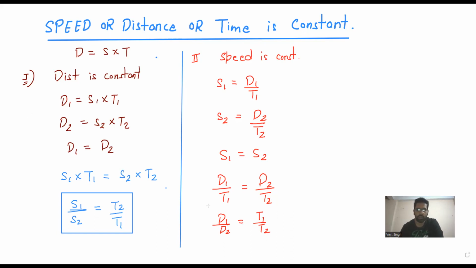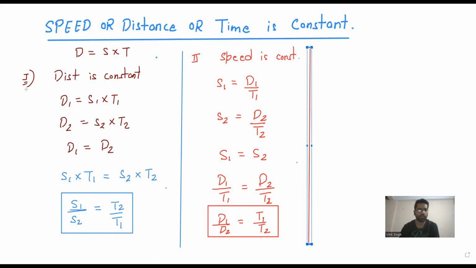Now this is very important. In the question when the distance is constant, we can write s1 upon s2 is equal to t2 upon t1. When the speed is constant, we can write the ratio d1 upon d2 is equal to t1 upon t2. Third case, when time is constant.